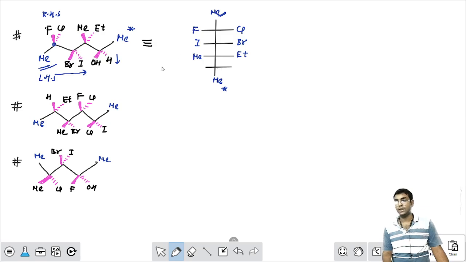So the OH is on the left hand side, we have to keep it in the right hand side of the concave. Now it is your Fisher projection, right? So we are just changing the position or direction of the above group.